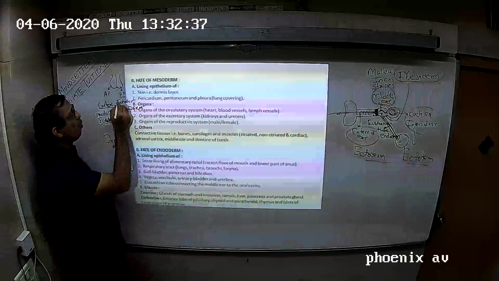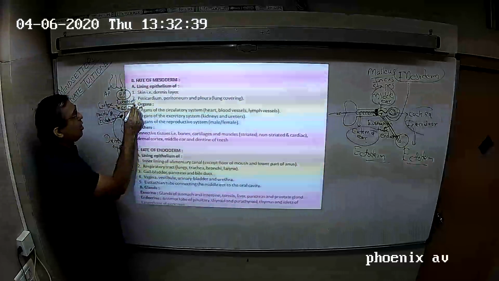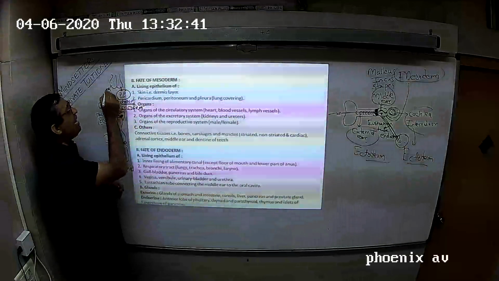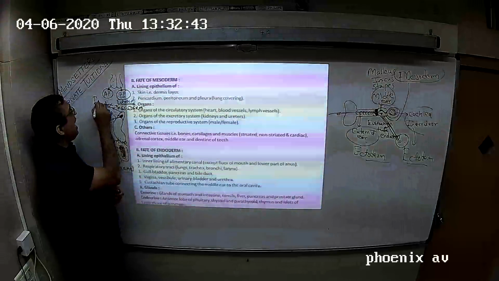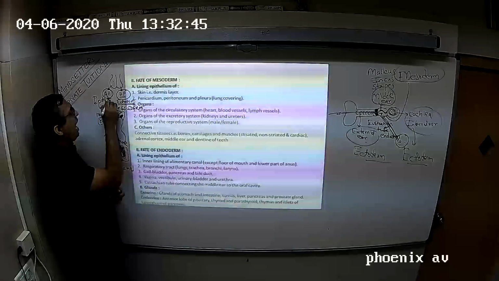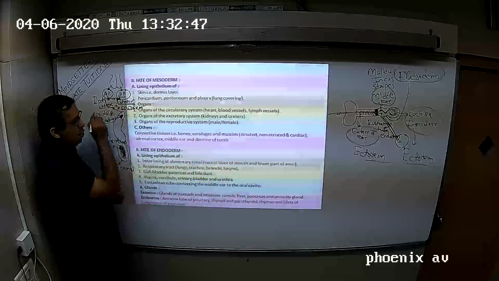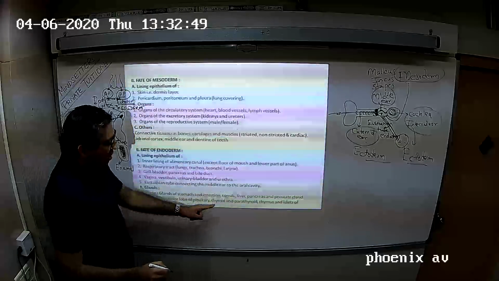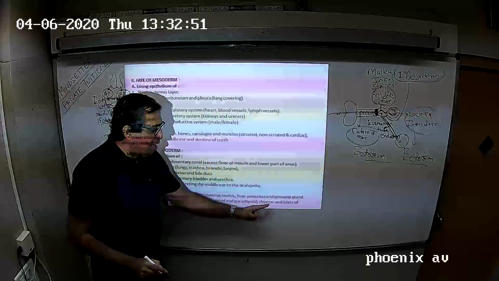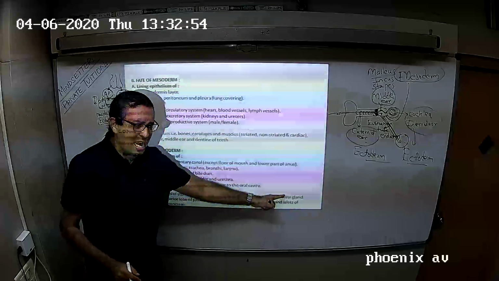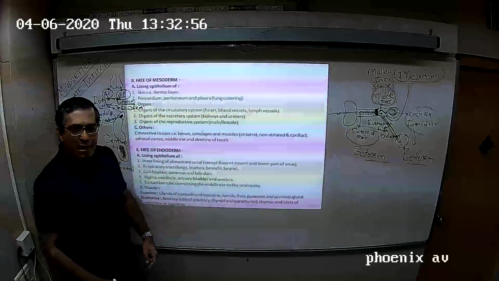So remember, posterior pituitary is ectodermal, but anterior pituitary is endodermal. And you have thyroid gland, parathyroid gland, thymus gland, islets of Langerhans of pancreas.